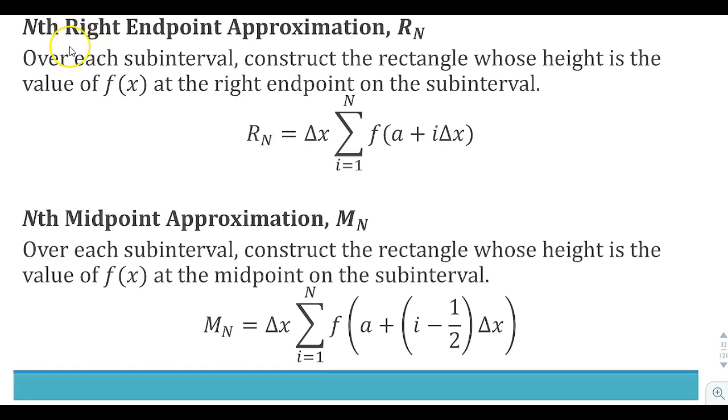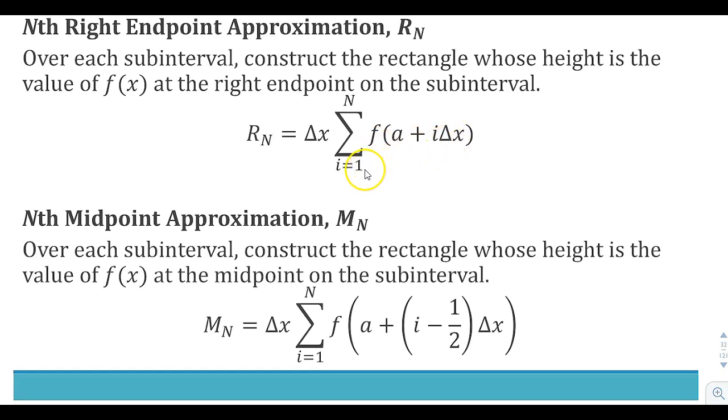Now we also have a right endpoint approximation R sub n and a midpoint approximation M sub n with their own respective summation notation formulas. I just want to point out the difference. I still have delta x because that width is still the same. And what's inside the summation, f of a plus i delta x, is the same as well.